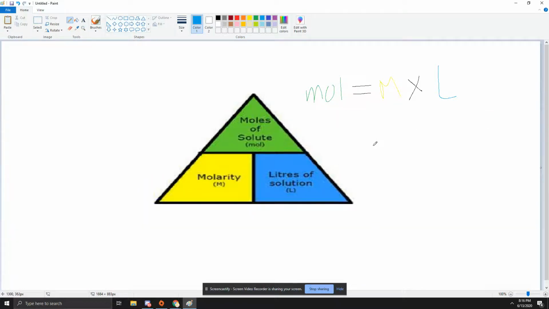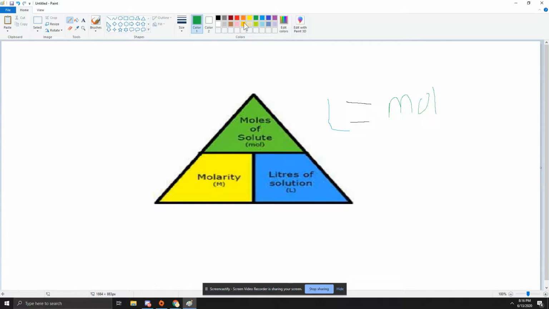Okay, and next, how do we find out the liter of the solution? So what we're gonna do is the same thing that we did to find out molarity. We're gonna use mole. Okay, mole will be our top dog.